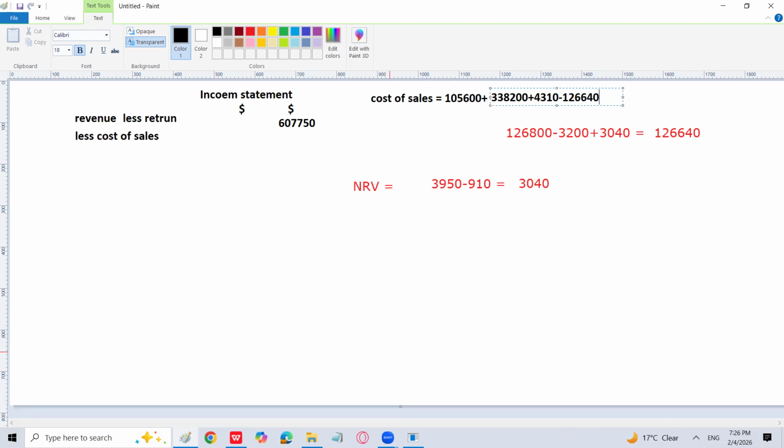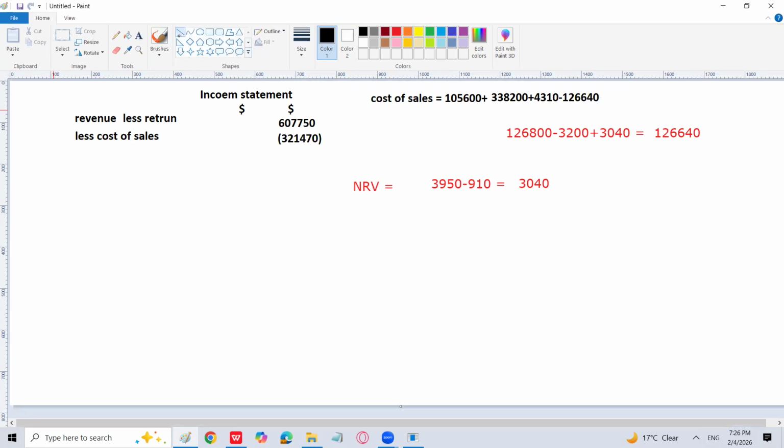So 126,640 is going to be the closing inventory. Now you can find the answer. That is the cost of sales, which I will subtract from here. 321,470 is the answer. Please do calculation with proper care, otherwise our balance sheet will not be equal, because in this question we have to prepare the balance sheet also.